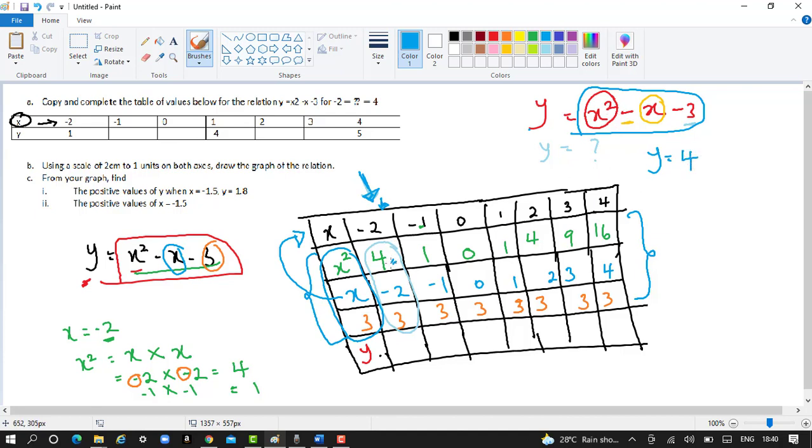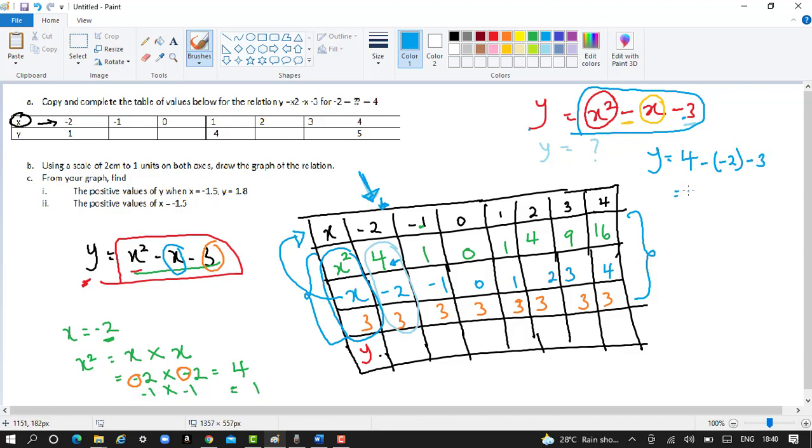Our x, we put our minus sign there. Our x was -2. We put our minus sign there again, and our 3, put our 3 there.